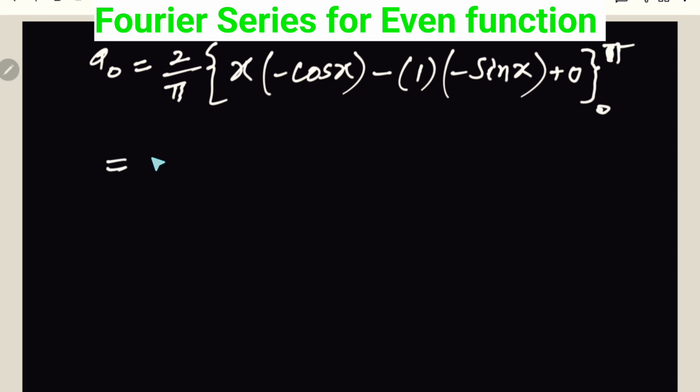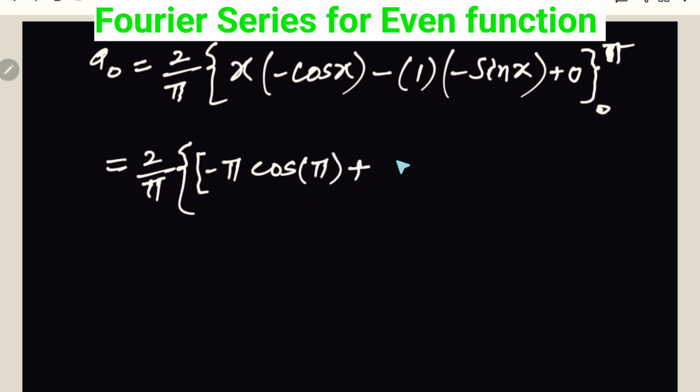Substituting the upper limit, we get 2 by pi as it is, minus pi cos of pi, and minus minus becomes plus sin pi. These two terms are for the upper limit, minus the lower limit: when x is 0, the first term becomes 0, and sin 0 is 0, therefore the second term is also 0.